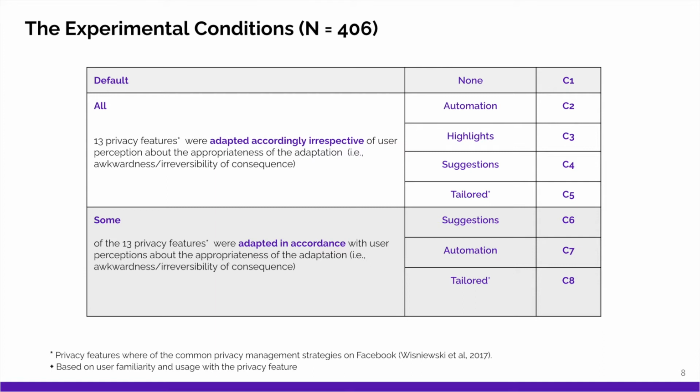So there were no adaptations made in this particular condition. For the other conditions, where you see the all, we aimed to adapt 13 privacy features, and for conditions C2 to C5, we adapted them accordingly, irrespective of whether the user's perception about the adaptation of that privacy feature was appropriate or not.